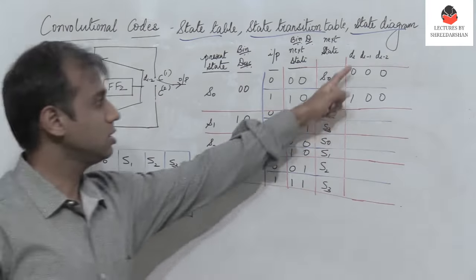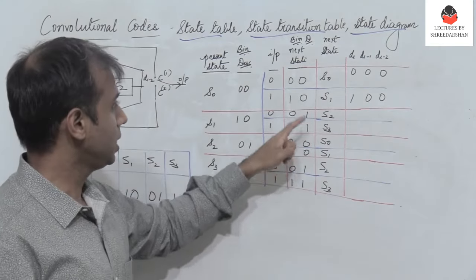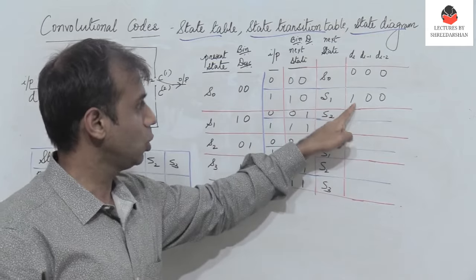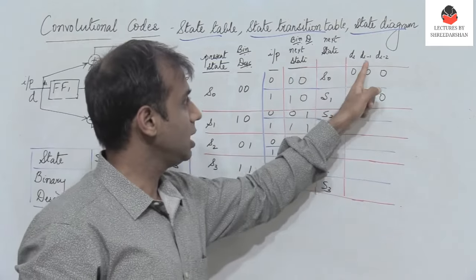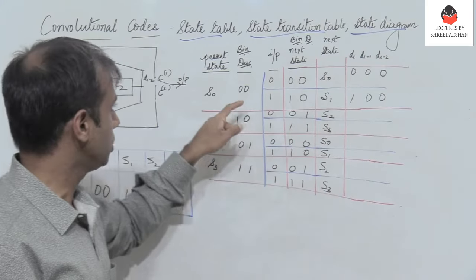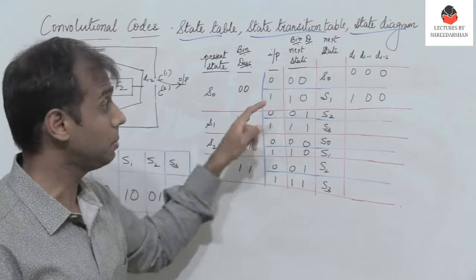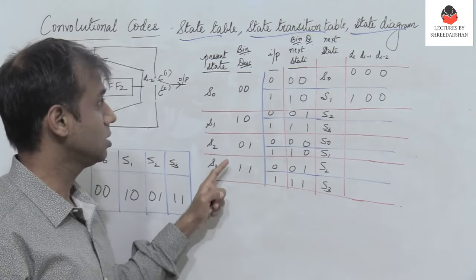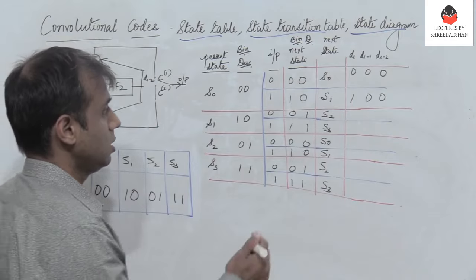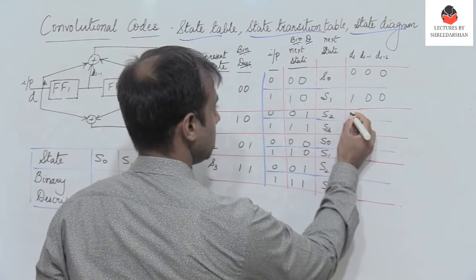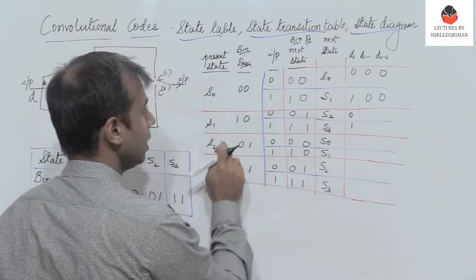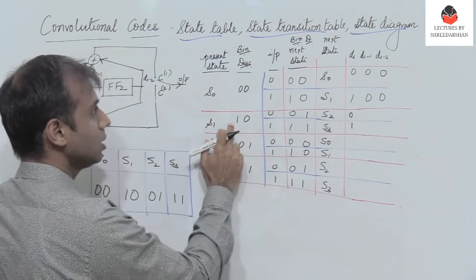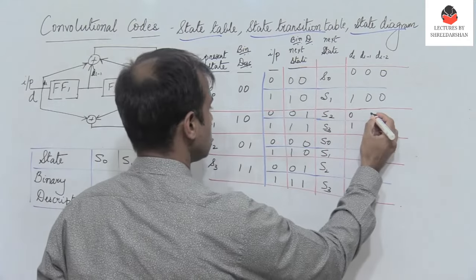So how do I fill in this table? This table would have the input 0, 1, and DL minus 1 and DL minus 2 would be nothing but the present state binary description. Similarly here I have 0, 1 the input, and these two would be the present state binary description, which is going to be 1, 0.